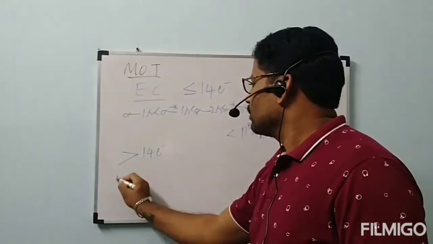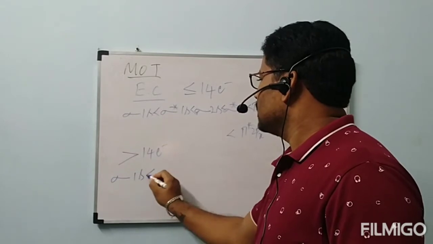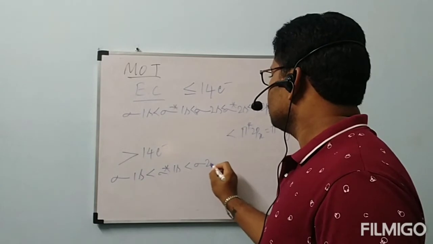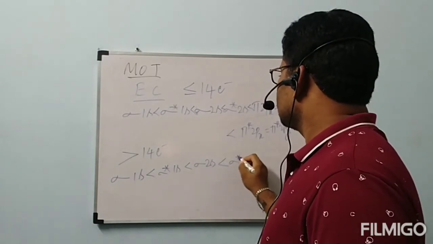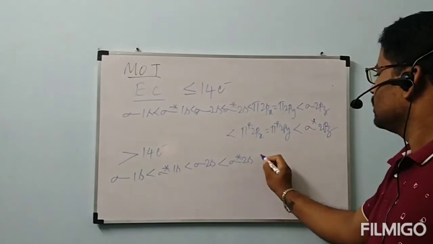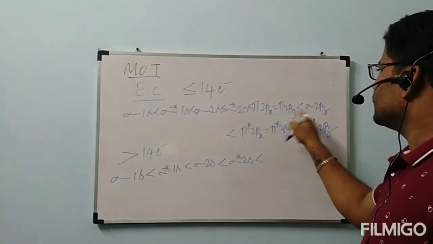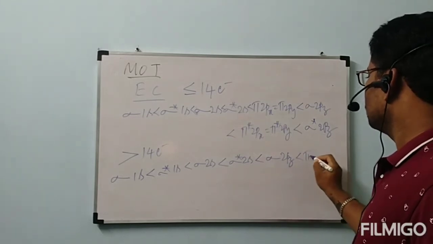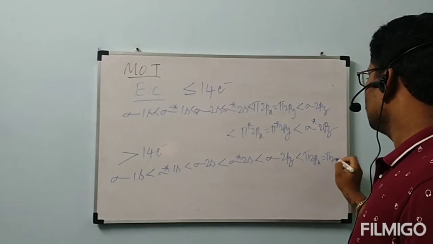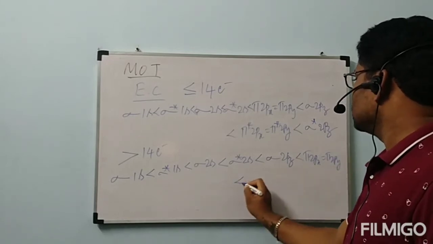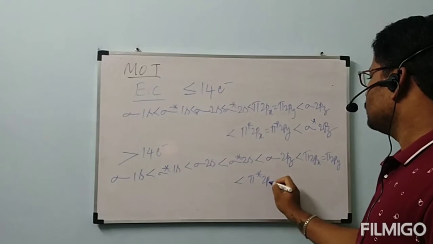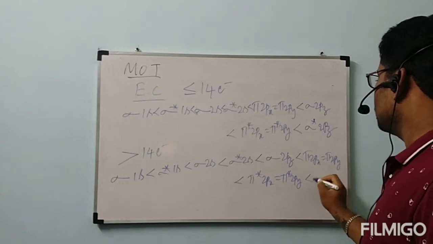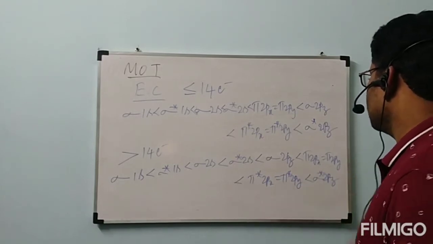That is sigma 1s less than sigma star 1s less than sigma 2s less than sigma star 2s less than, these two are getting interchanged, sigma 2pz less than pi 2px equal to pi 2py less than pi star 2px equal to pi star 2py less than sigma star 2pz.